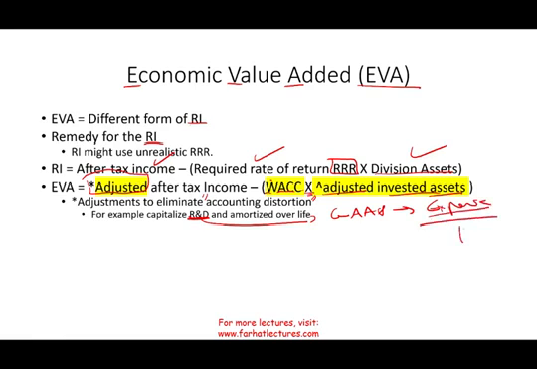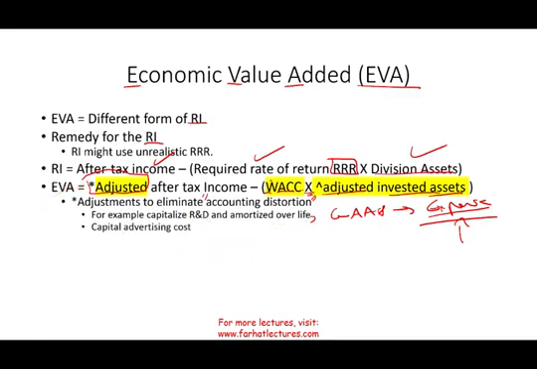What we do for EVA is we don't treat research and development as an expense. We treat it as an asset. Then we depreciate it little by little, but initially what we expensed is going to come back and increase our net income, because we're removing the expense and moving it to the balance sheet. Then we're going to expense a little bit of it, but initially it's going to increase our income.